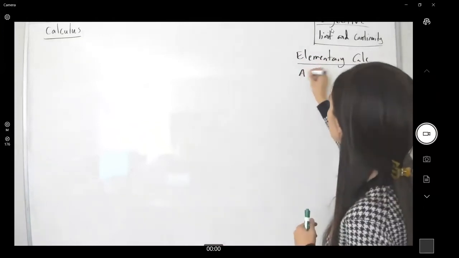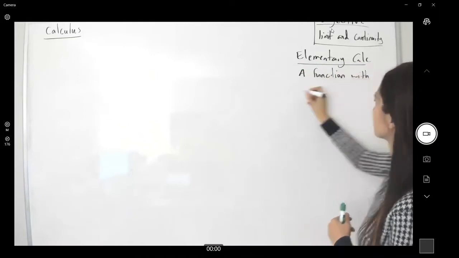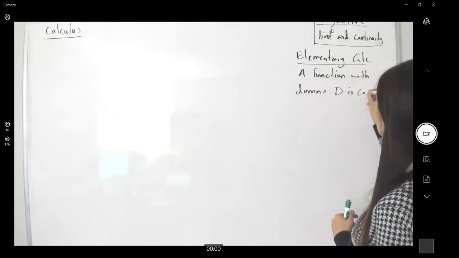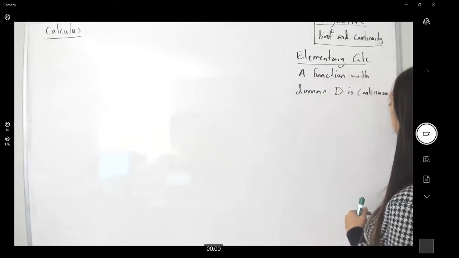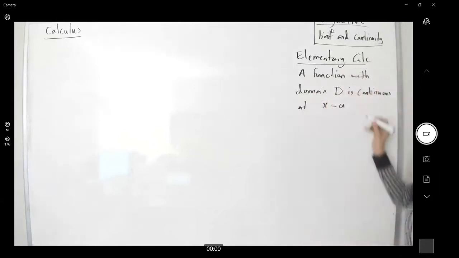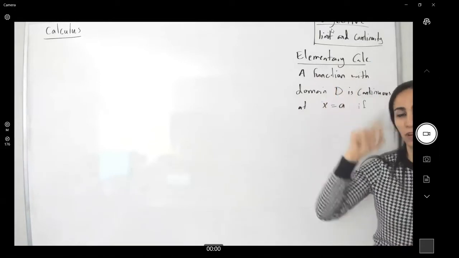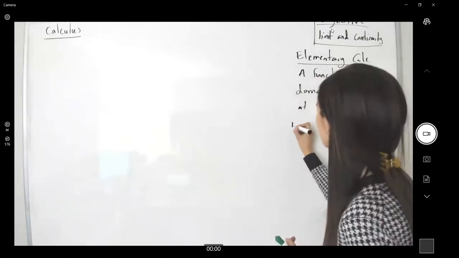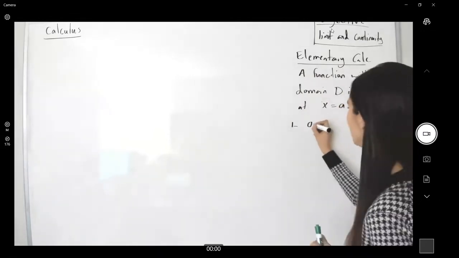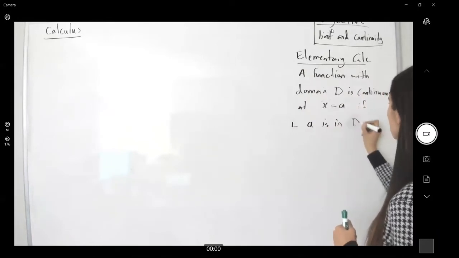We say that a function with domain D is continuous at a point, a number like A, if it satisfies three conditions. The first condition is this point belongs to the domain. A is in domain D.